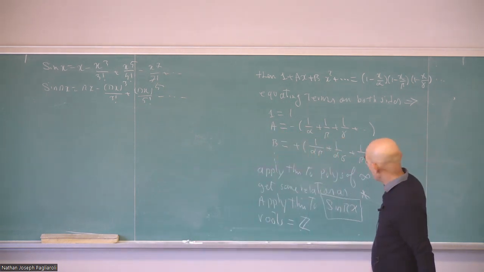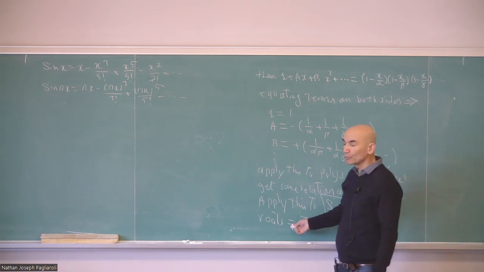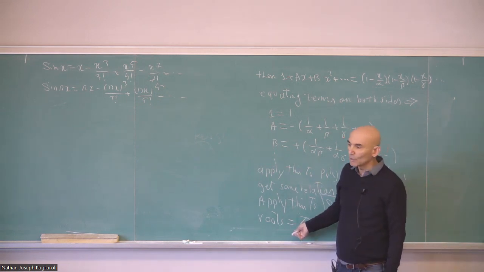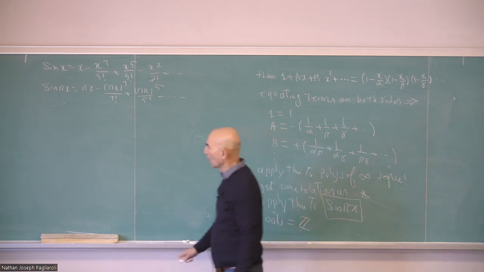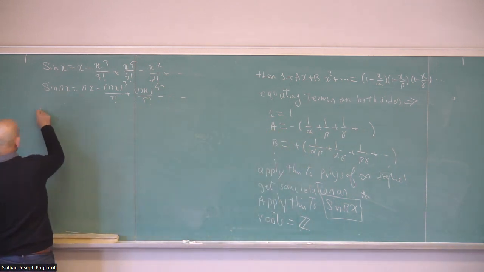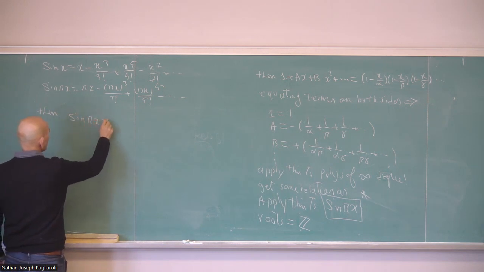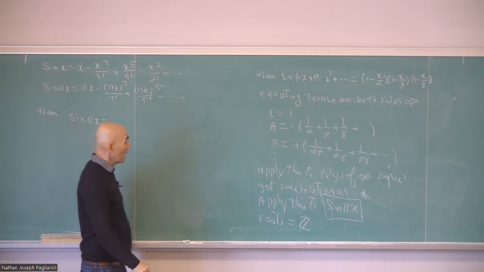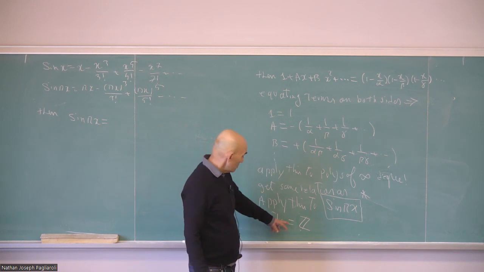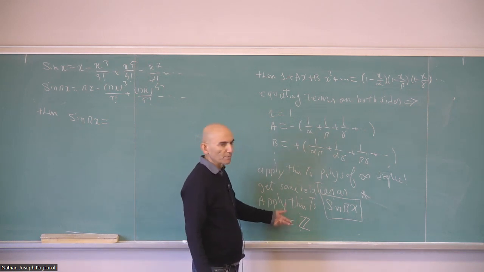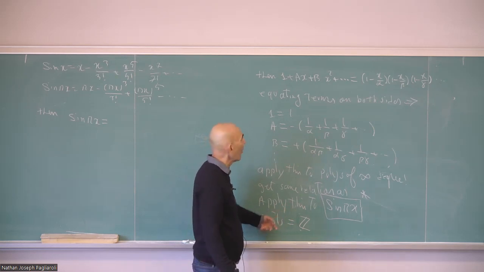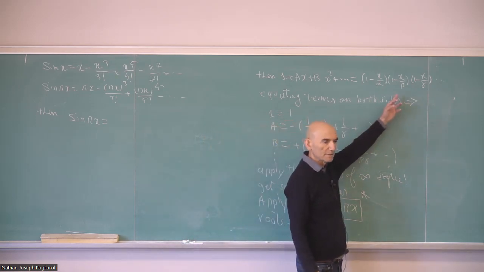Then he says, okay, but I know the roots of sine of pi x. So sine of pi x must be equal to a product. We cannot apply it quite to sine of pi x because this has a root x equal to 0, which doesn't appear in this.